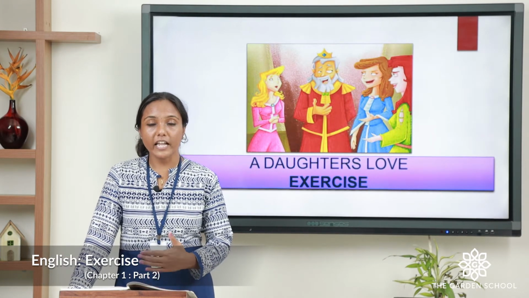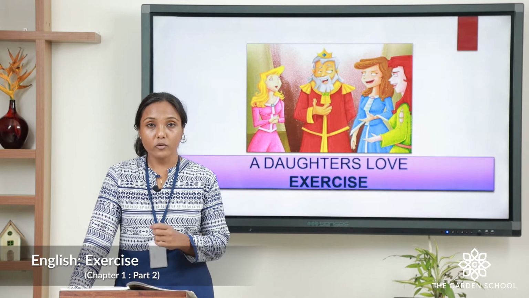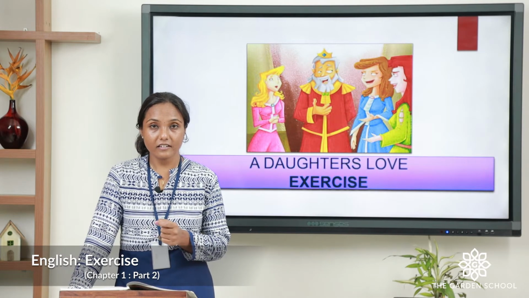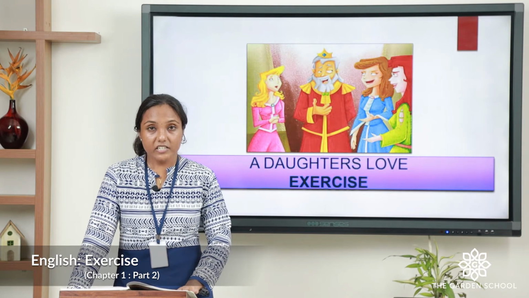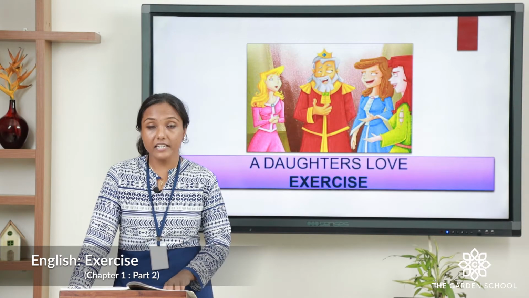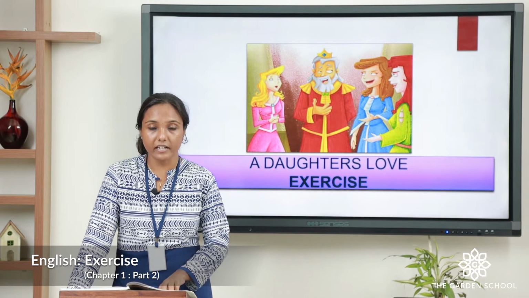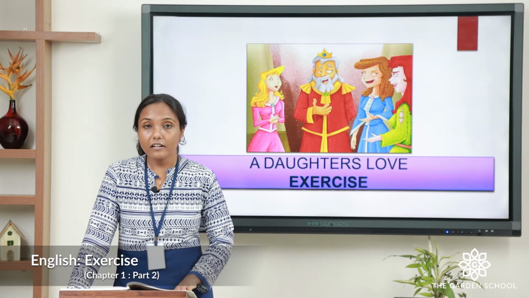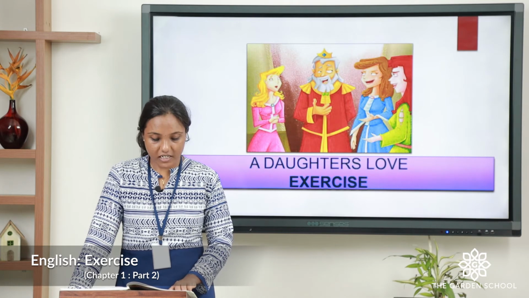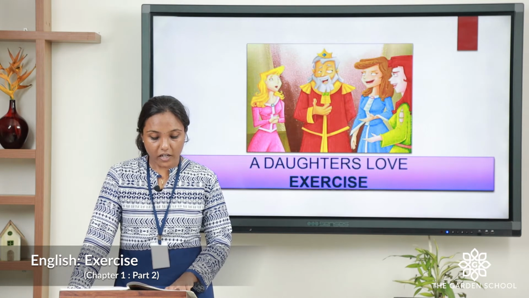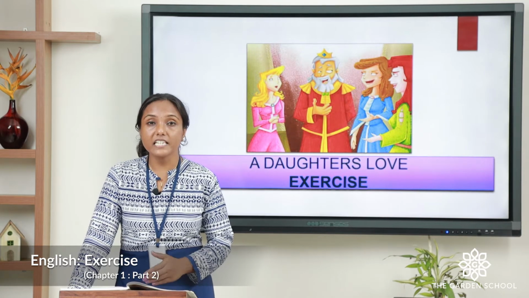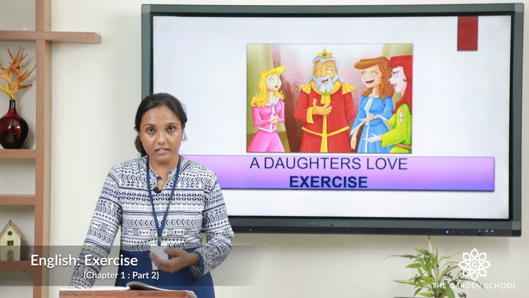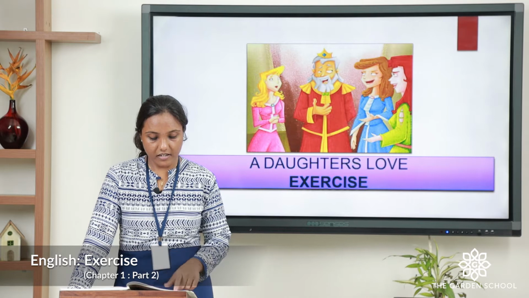I hope you are doing along with me and noting down the correct answer. Now, let us see the fifth one: Pigeons have made a nest in my balcony. Here again, pigeons are the subject because we are talking about pigeons. So, pigeons is the subject and have made a nest in my balcony is the predicate.